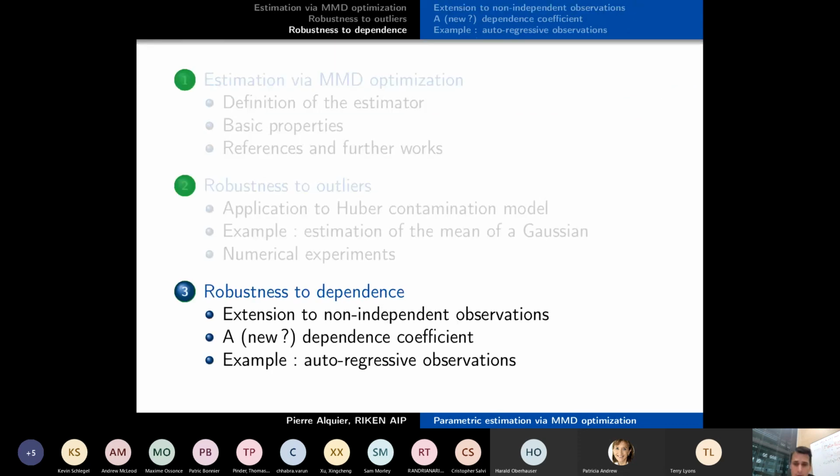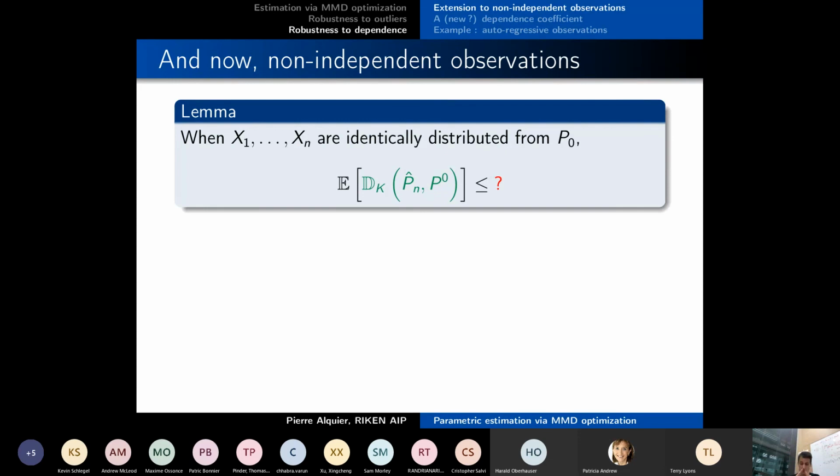Do I still have a few minutes to cover the dependent case? Sure. Okay, thank you. The idea here was quite simple. We know that many methods were used to study estimation of models where you have dependent observations.